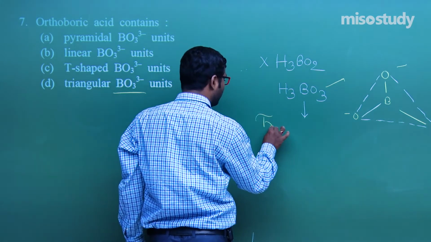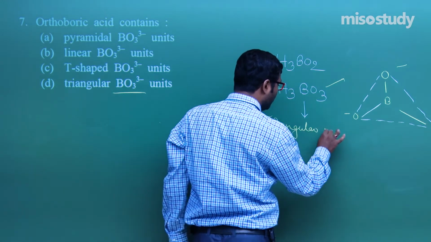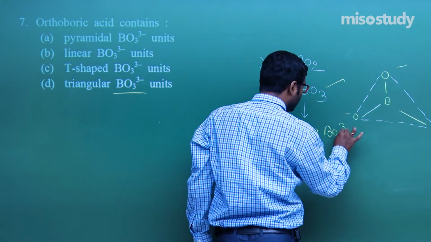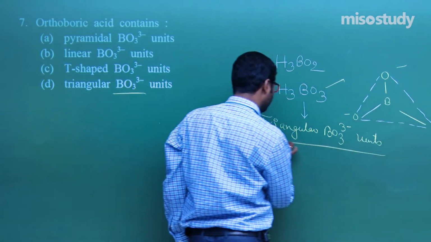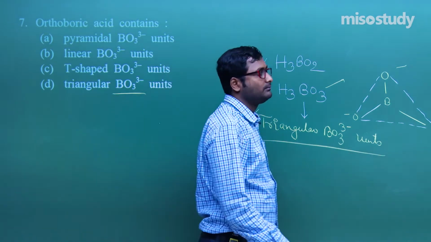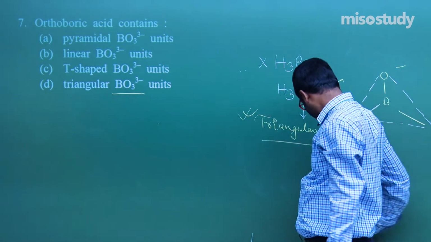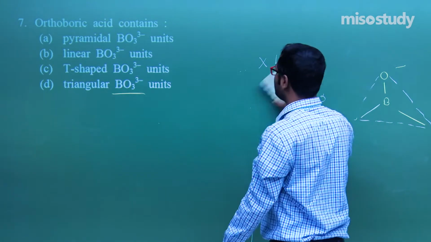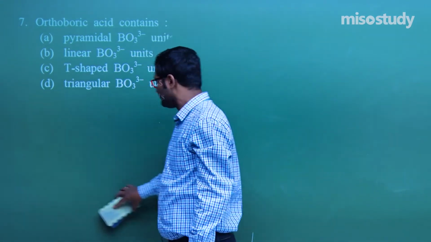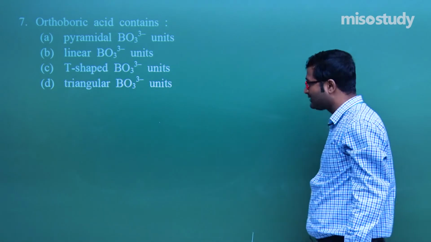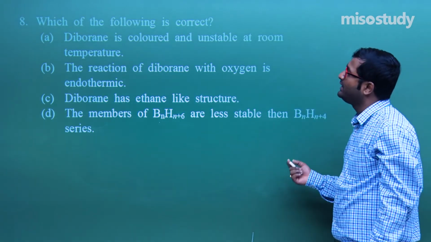So the answer is triangular BO3 3- units. Lots of units are there if you consider the many molecules of H3BO3, the orthoboric acid. Now wait for a moment. Let's move to the next question. What will happen in this case? Check it out. Now the next question is question number 8. Which of the following is correct?